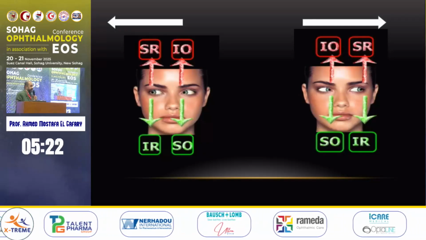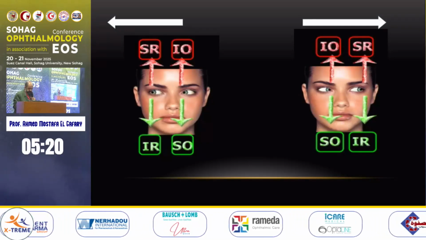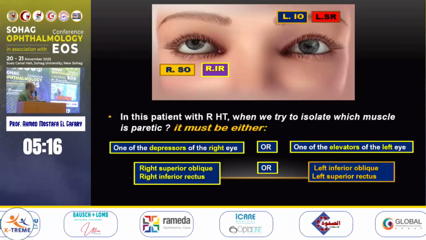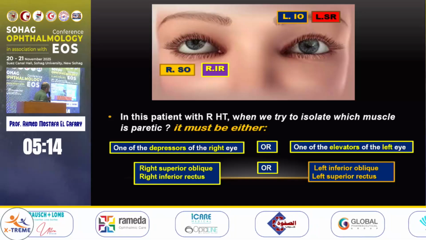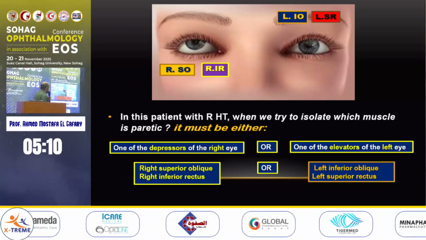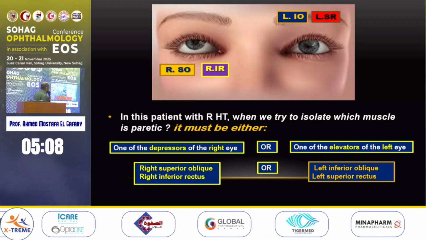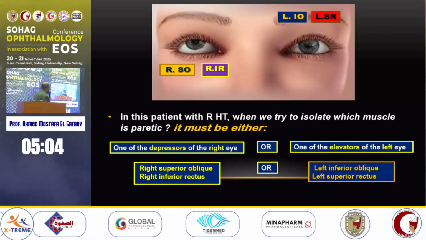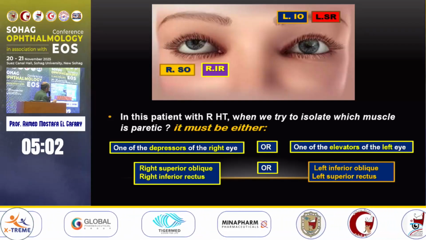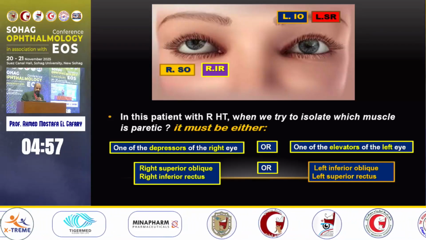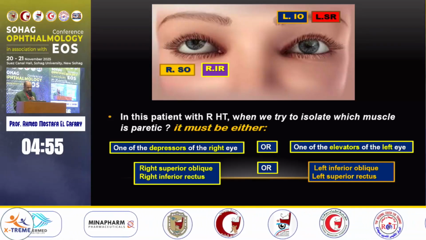Now we exclude two muscles. So in this photo, the differential diagnosis will be the right superior oblique, the right inferior rectus, one of the depressors of the right eye, and the left inferior oblique and left superior rectus, one of the elevators of the left eye.